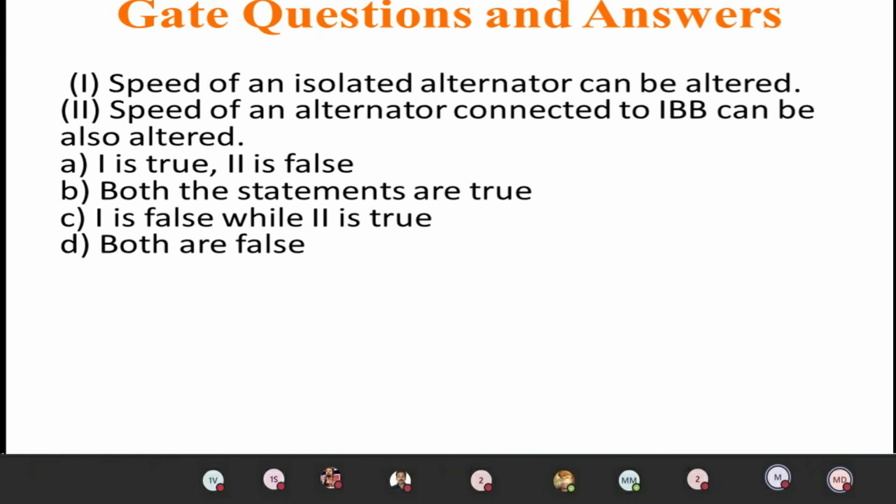The speed of an alternator connected to an infinite bus bar can also be altered. So the statements are: the speed of an isolated alternator, that means a separately running alternator, can be altered; the speed of an alternator connected to an infinite bus bar can also be altered.